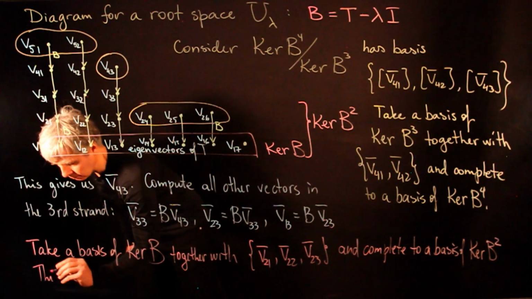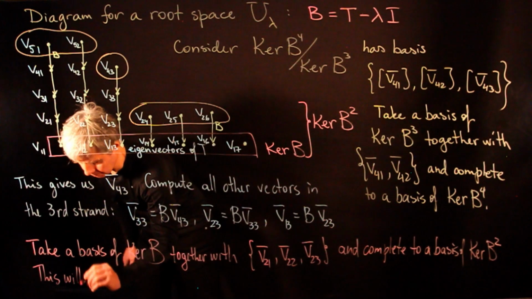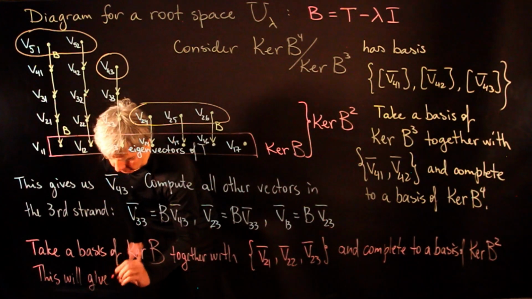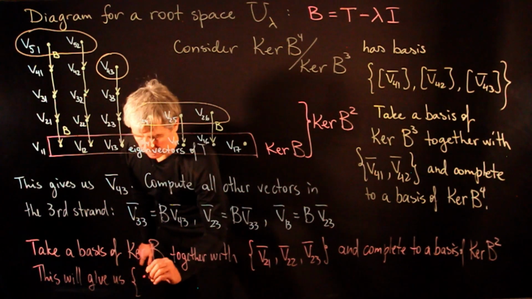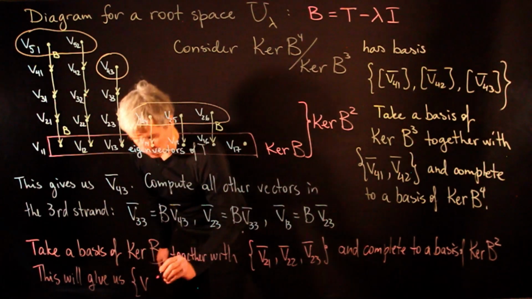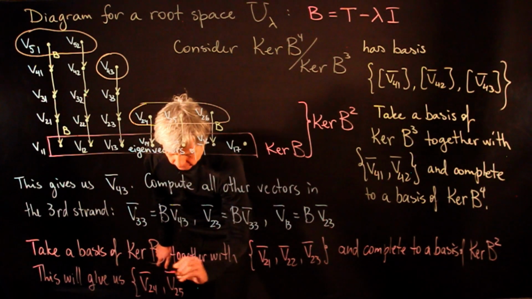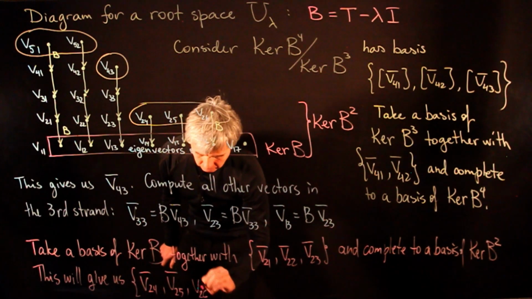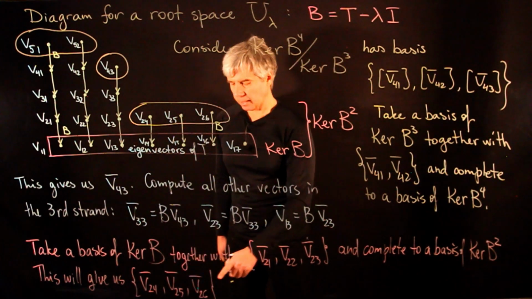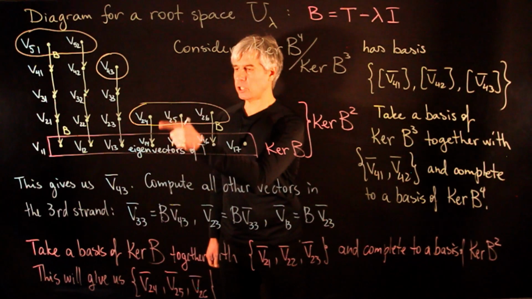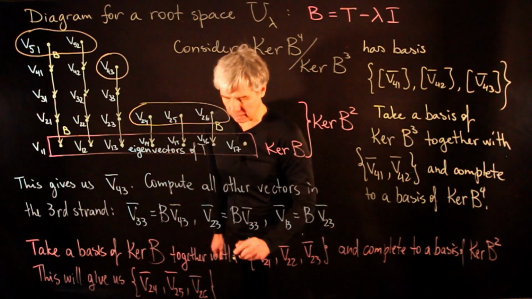So this will give us vectors v24, v25, and v26. Having computed these vectors, we just descend down in these strands.